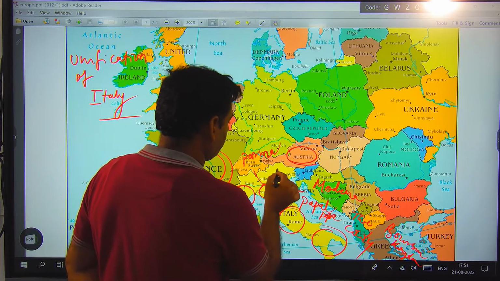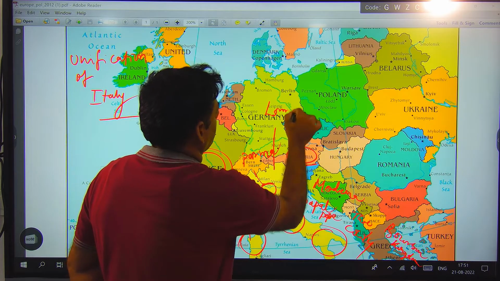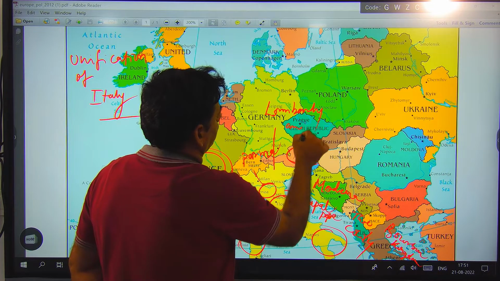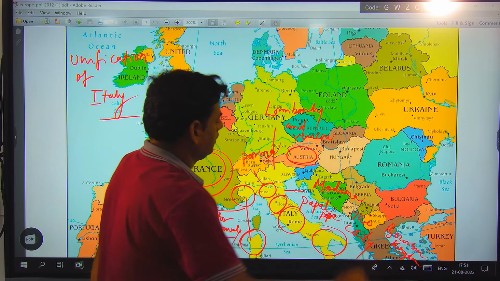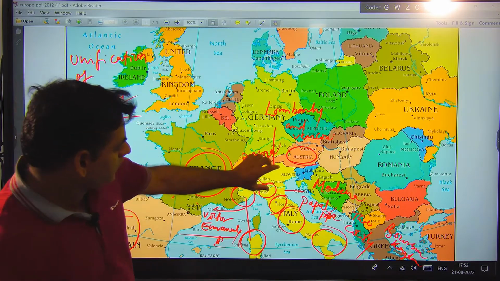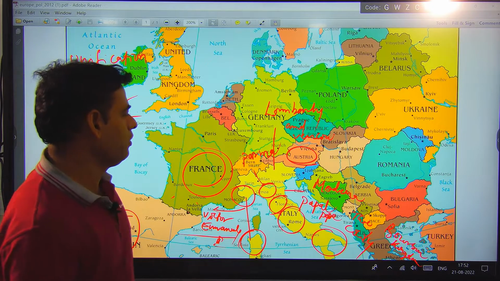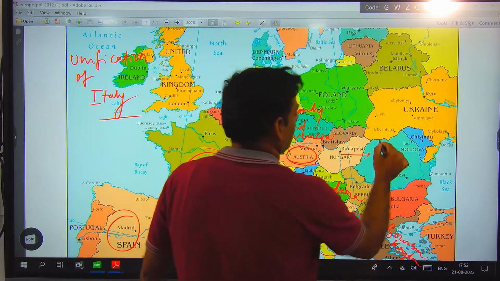Those 2 territories were Lombardy and Venice or Venetia at that time. So, these territories, Lombardy and Venetia, were ruled by the Austrian kingdom known as Habsburg.